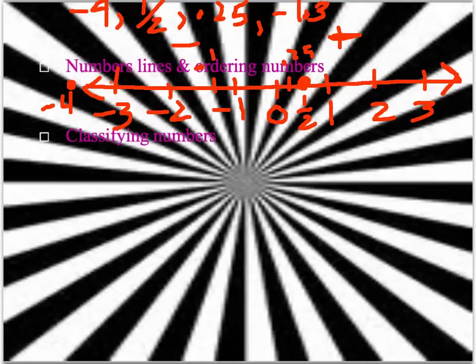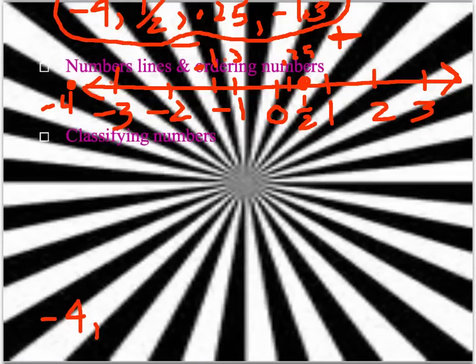So if I was writing this set of numbers in increasing order, I would do -4. Then going along here, I've got -1.3. The next one on the number line, going left to right, is 0.25. And then the last one is 1/2.